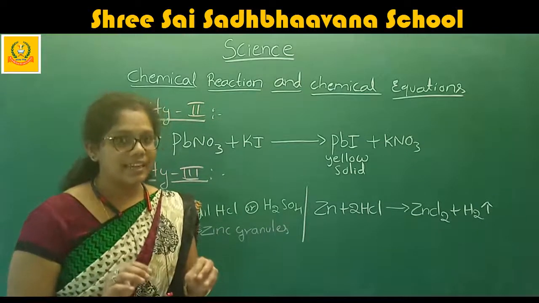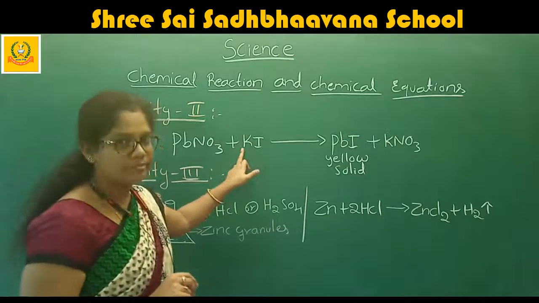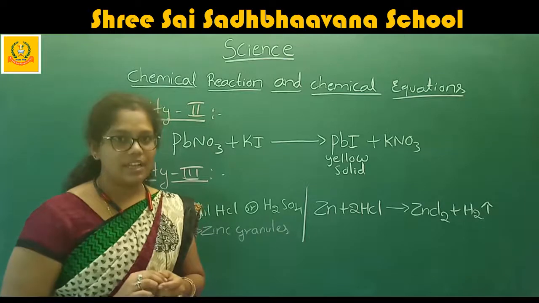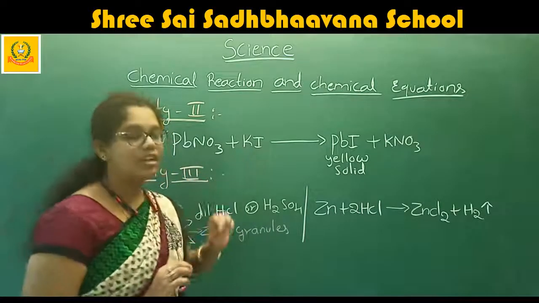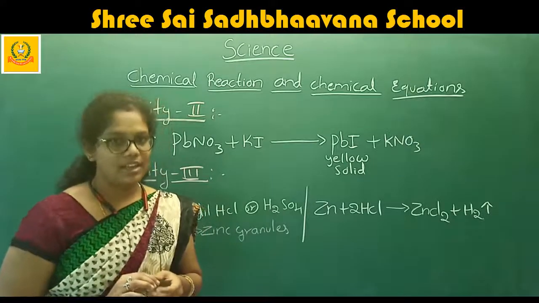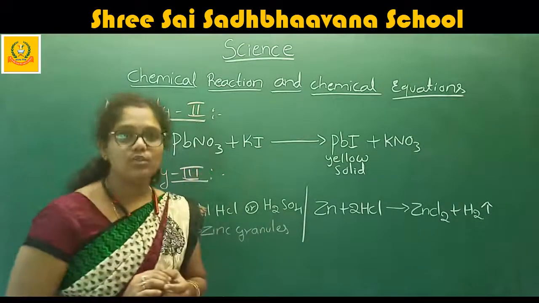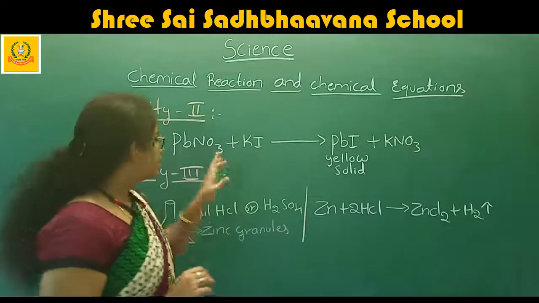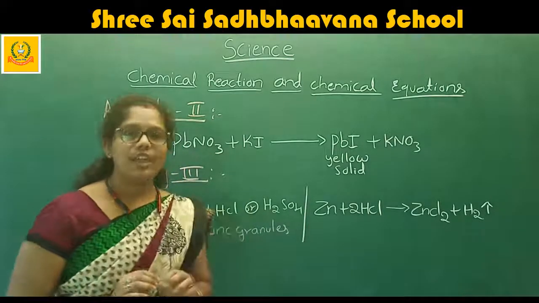When this lead nitrite is reacted with potassium iodide, where K is potassium and I is iodide, here the lead nitrite is the solution, that is, it is the liquid.